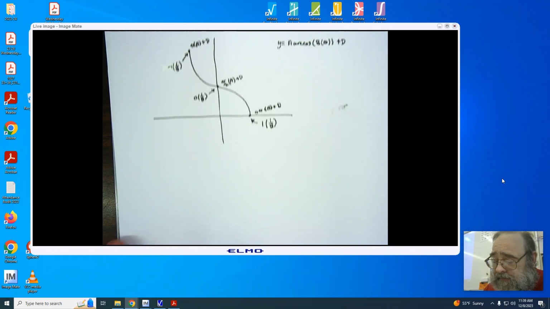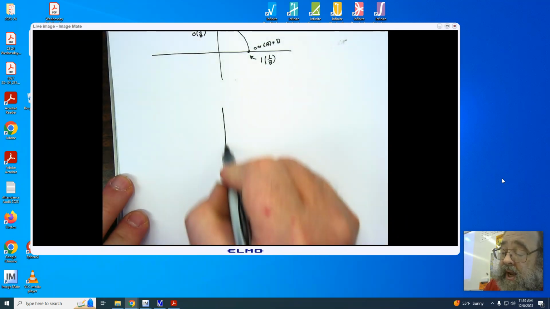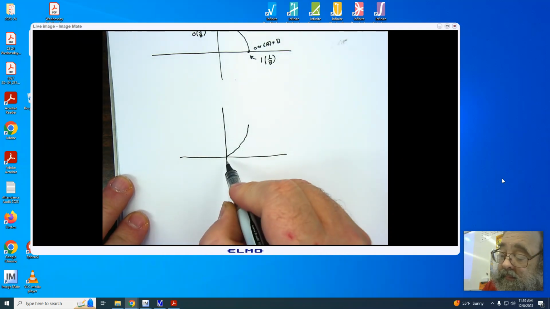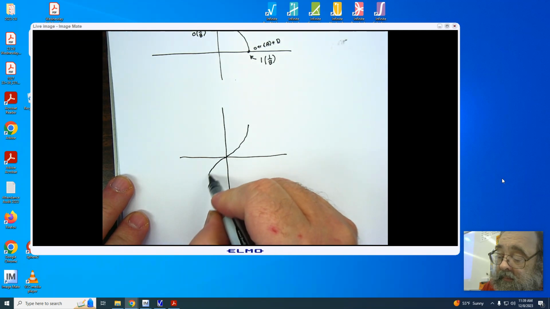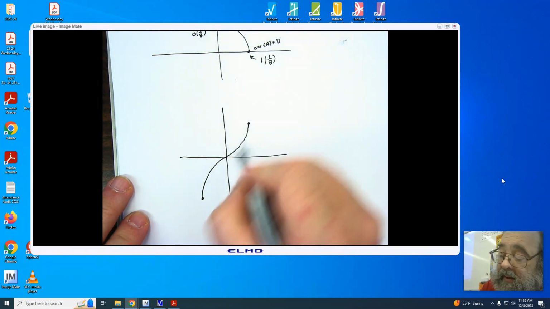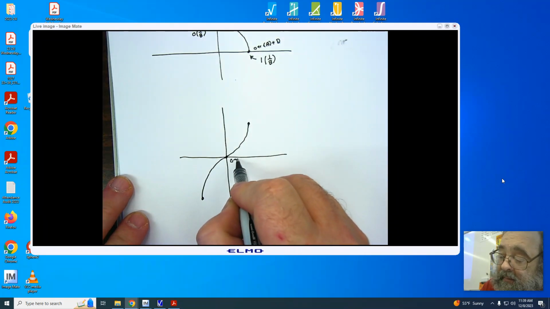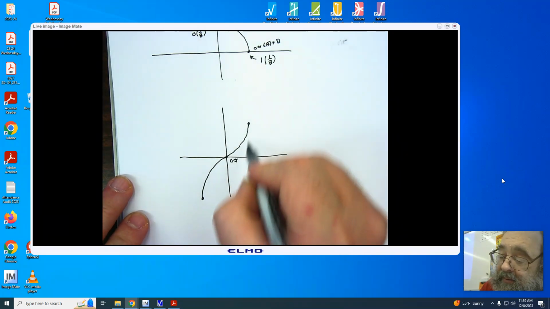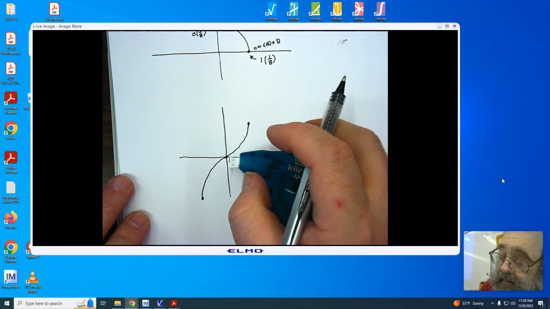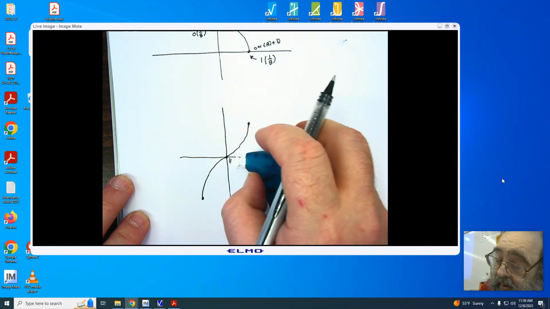Now, Arcsine looks very similar. It goes like this. And this point right in the middle is 0 pi. This point right here, so we have 0 comma, let's try that again, because it's 0 comma 0 pi.